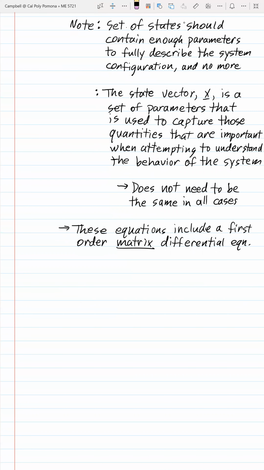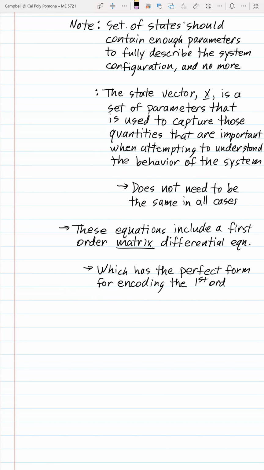And of course, as I also indicated, which has the perfect form for encoding the first order differential equations.